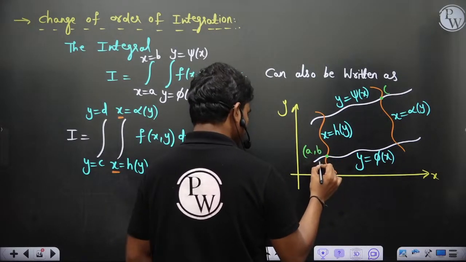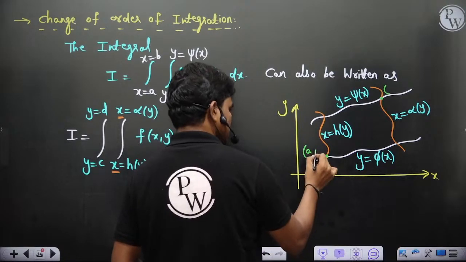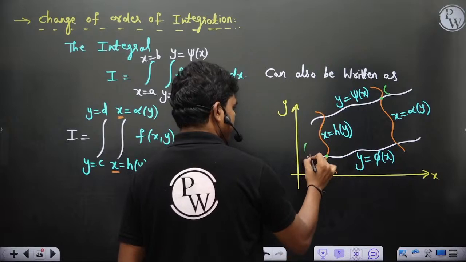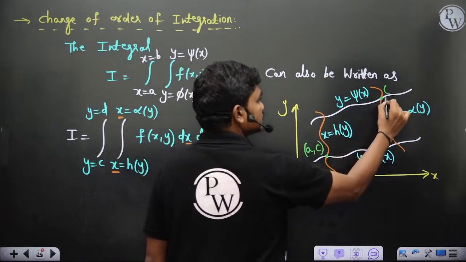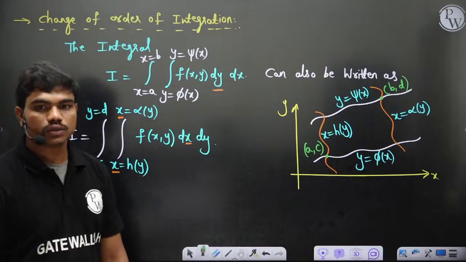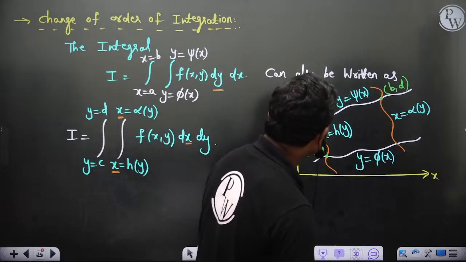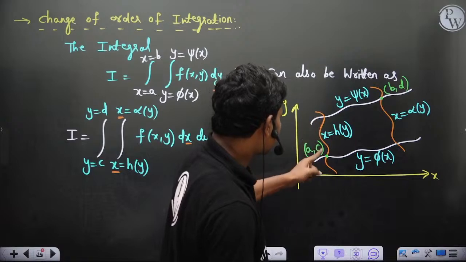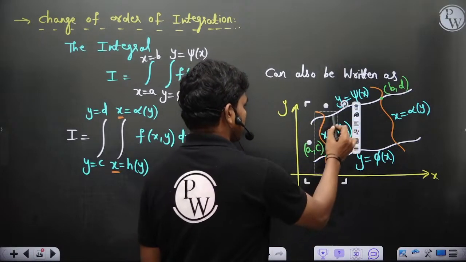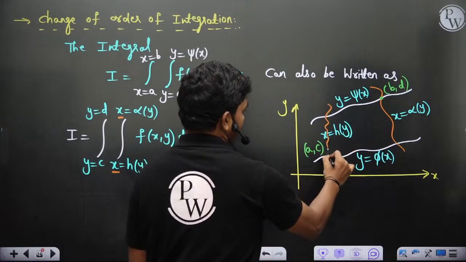a comma e. And this is b comma d. So let's say you have these curves, okay? So that the least value of x is given by, okay?